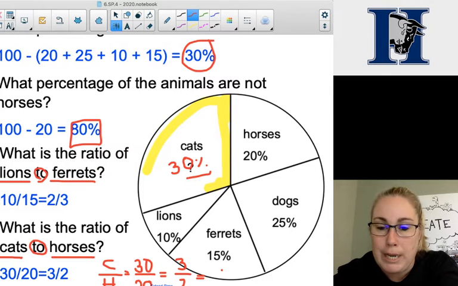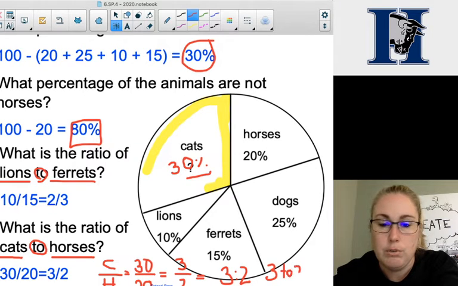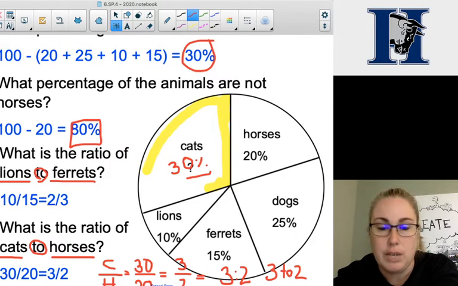We can rewrite it as 3 with a colon and a 2. Every 3 cats, there's 2 horses. Or we can write it 3 to 2. Either way works, but we are not going to turn it into a mixed number. So let's move on to the next page.